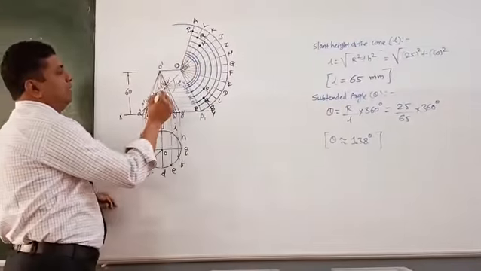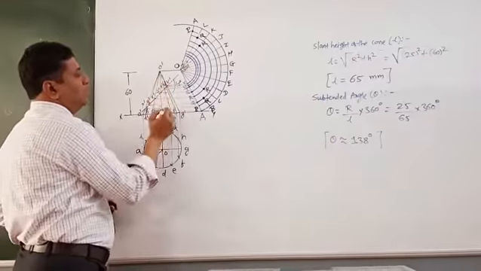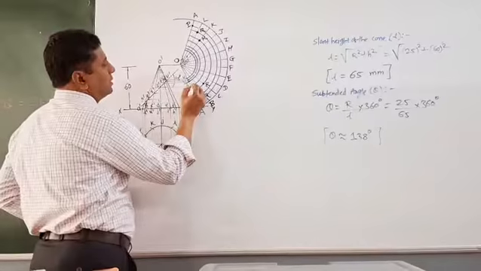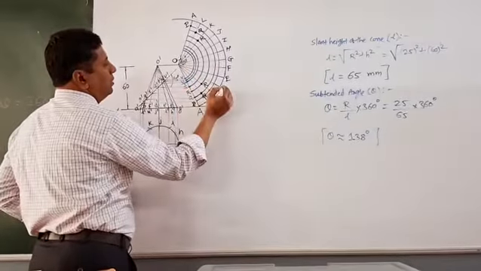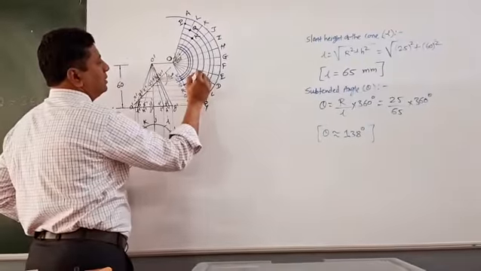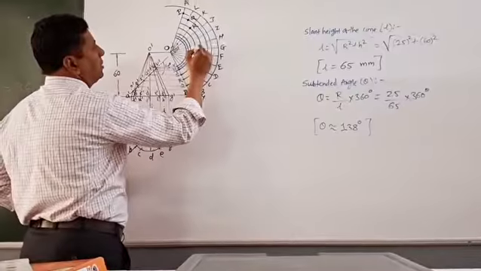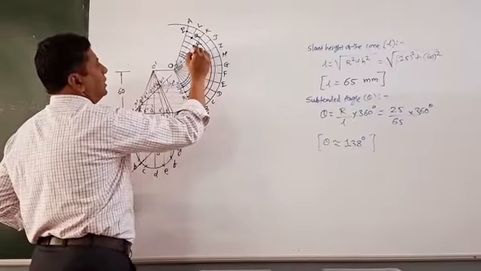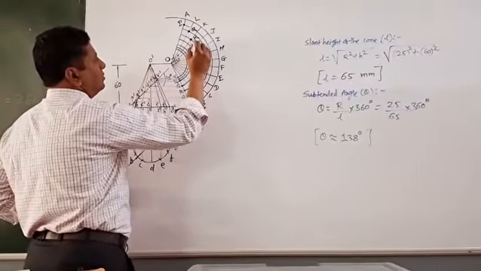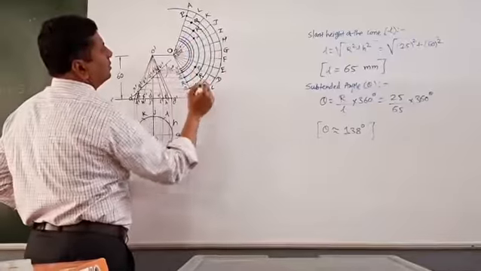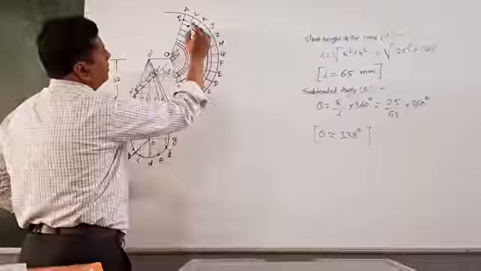Similarly, S is on OD and OJ. So curve S. Where is my OD? This is OD. So this is S. Same curve it is intersecting OJ. This is also S. Sorry.